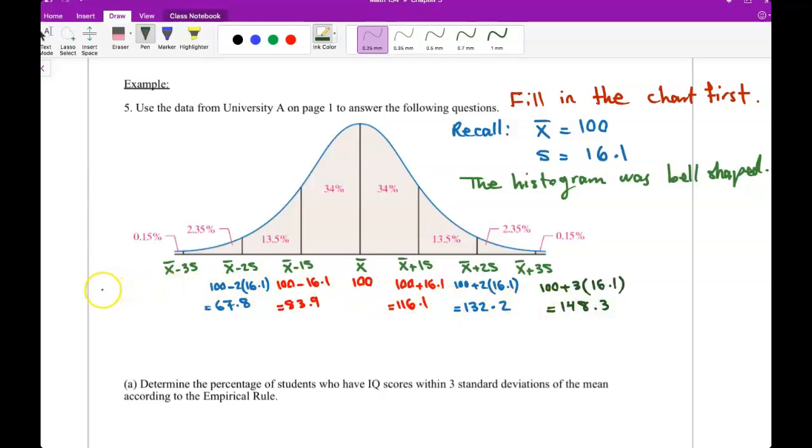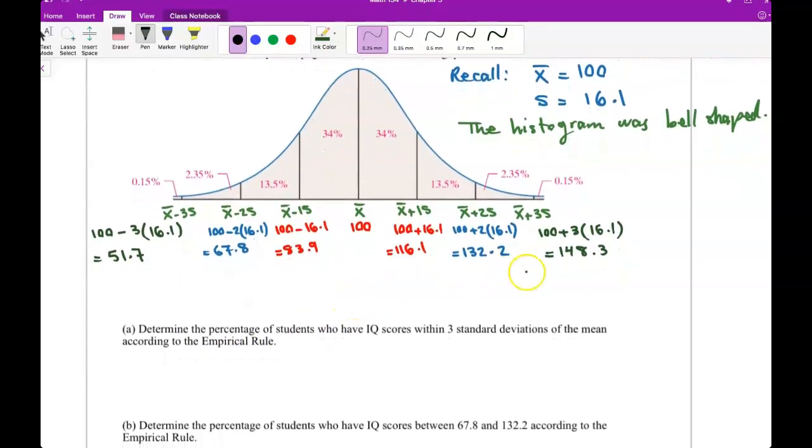Now on the left side, 100 minus 3 times 16.1 is equal to 51.7. Okay, so we got all these numbers.